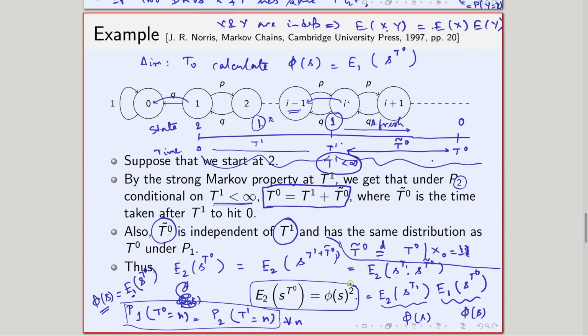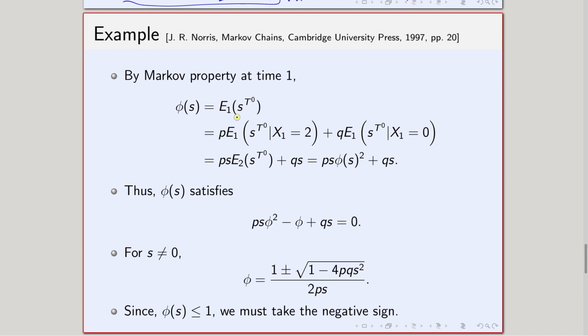So we got this expression. Now we try to use this expression in the further analysis. So what we get is that the conditional expectation, starting from 2, of s to the power t naught is phi s squared.